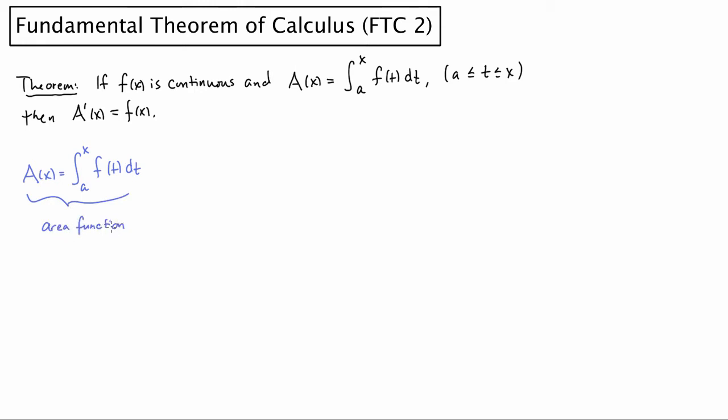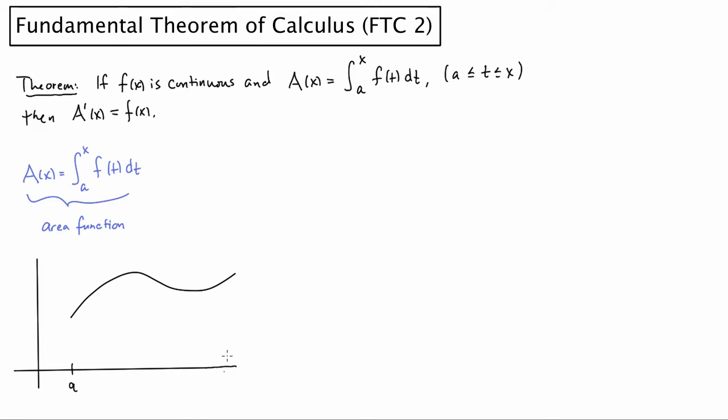And to figure out why this is called the area function, let's take a look at the graph or the figure that goes along with this. So we draw some axes, and let's suppose that we have a function f of x. We're going to go from a, and our function does all sorts of things.